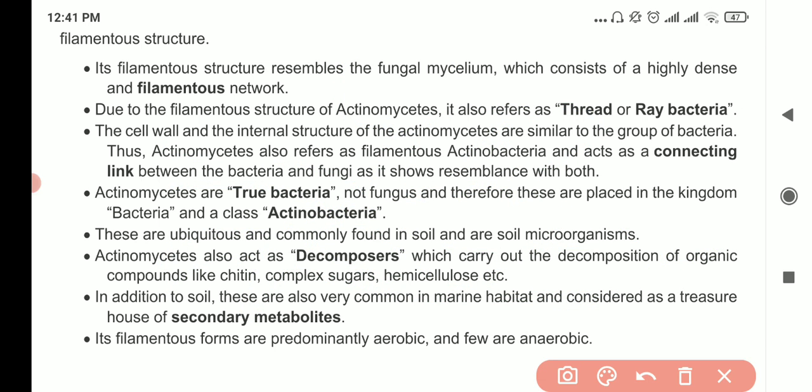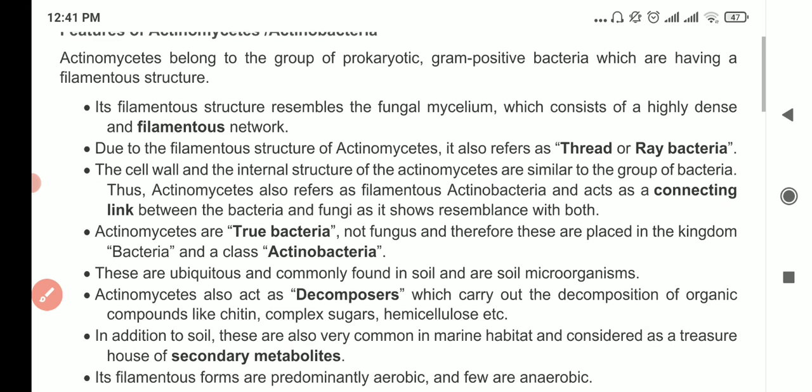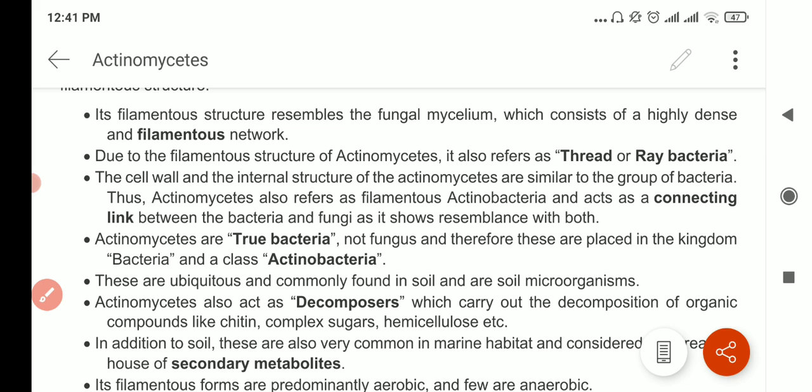Because they resemble the fungal mycelium, the scientists before thought that this looked like fungus, so it must be fungus. But they are not fungus. They are thread bacteria, or ray bacteria, right?